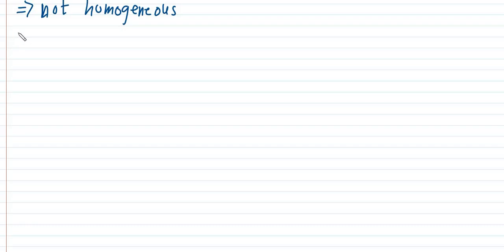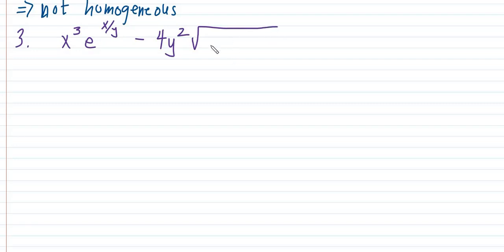So problem number 3. Let's say I have x cubed e raised to x over y minus 4y squared times the square root of x squared plus y squared.